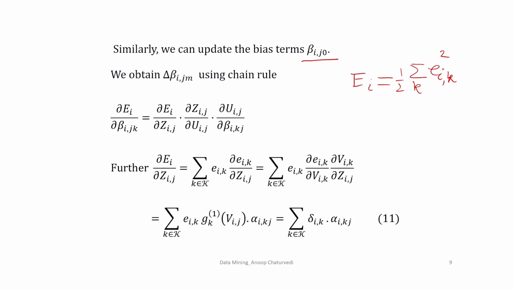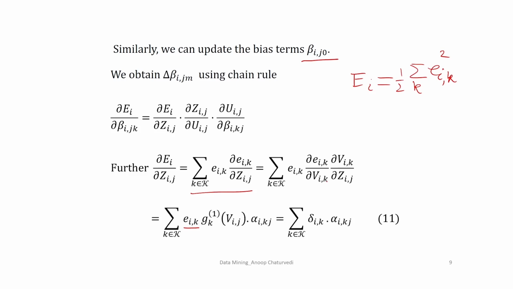So, we get this derivative, and then to obtain del over del Z_ij of E_ik, again we write it as del E_ik over del V_ik times del V_ik upon del Z_ij. So, we get summation over k E_ik, then we differentiate E_ik with respect to V_ik. So, we obtain g_k1(V_ij).